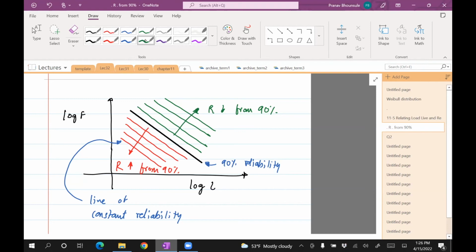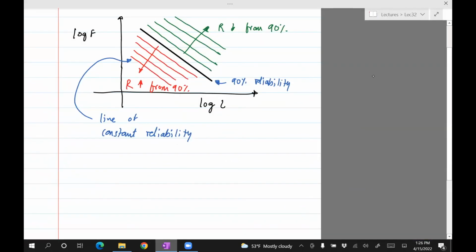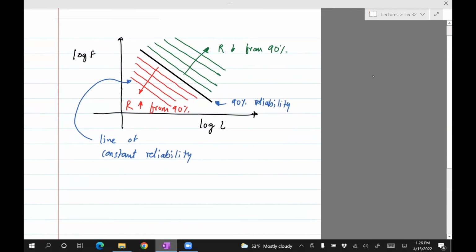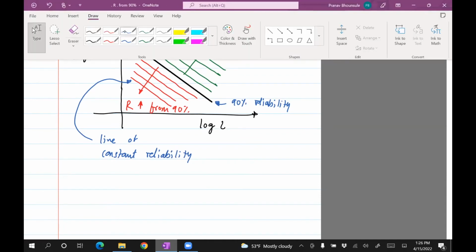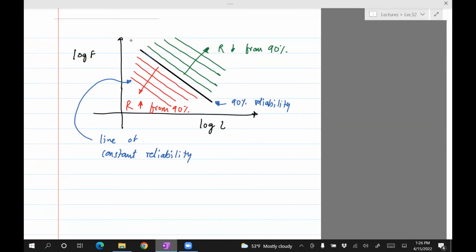You could potentially do that and get this curve, but that will take a lot of experiments. So instead of using more experimental data, I'm going to show you how to use the Weibull distribution to go from one of these lines, say this one, which is the load line at a catalog rating, to this line or this line. So it will give you basically the load line for a different reliability. That's what we're after.